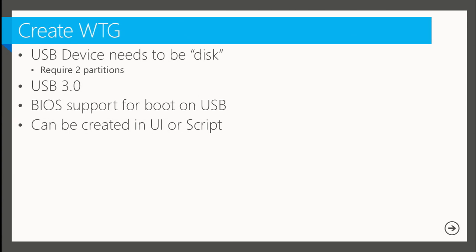And for the UEFI part to work, we need to have FAT32 because that's the only way we can boot a UEFI device. It doesn't need to have USB 3, but if you don't have it, it's awfully slow. For a USB device like this, you really need to have that.